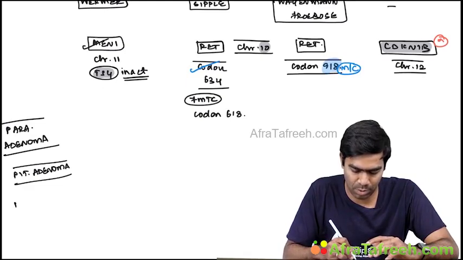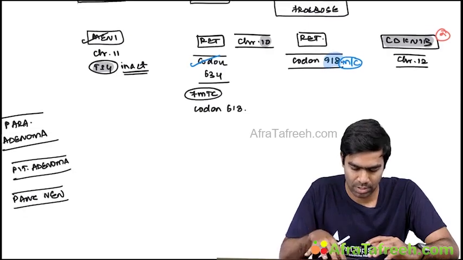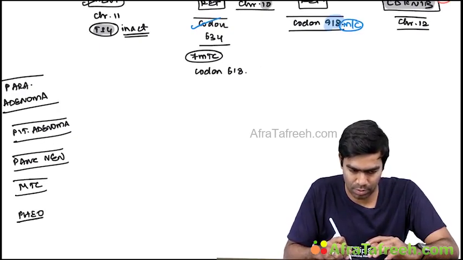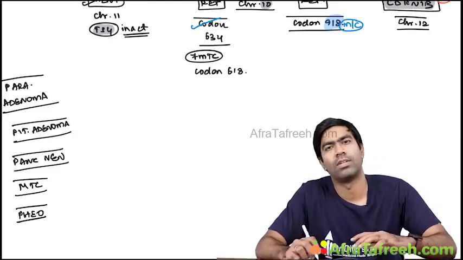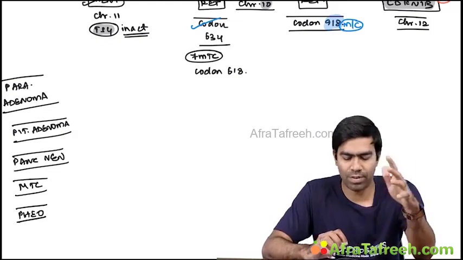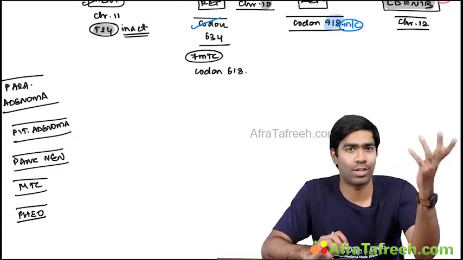Then let me put a pancreatic neuroendocrine neoplasm. Then the fourth tumor is a medullary thyroid cancer, and the fifth tumor is a pheochromocytoma. Clear? So these are the 5 tumors. I'm just going to tell where you're going to get these tumors.